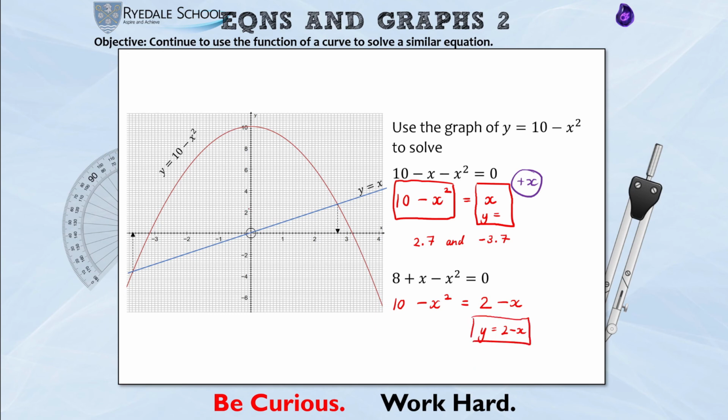So remember, that will go through the y-axis at 2. That's the intercept. And this is a gradient of -1, so it's going to be sloping down, something like that, cutting the x-axis at 2 as well, because when x is 2, y is 0. So let's draw that one in.